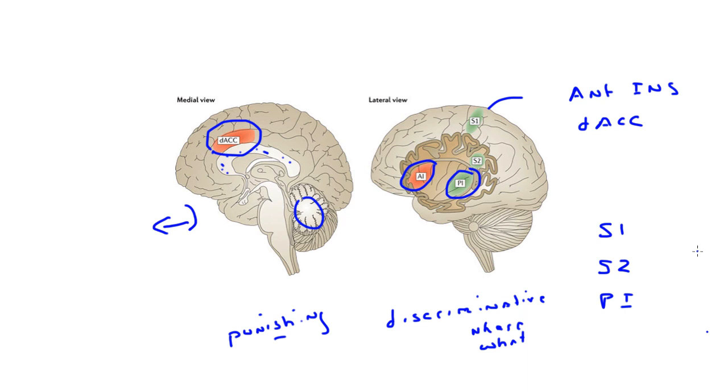Well, I'm going to tell you that the regions in green, S1, S2, and the posterior insula, are all involved in the discriminative aspects of pain. If you change the metrics of a noxious stimulus, if you increase the heat or you add more energy to a pressure put on the skin, S1, S2, and posterior insula will all change their response.